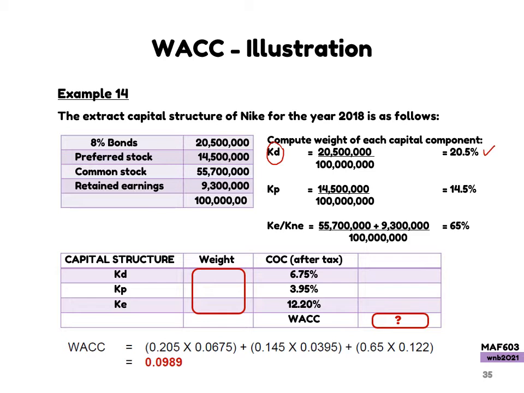So equity has two parts, internal KE as well as external, the KNE. Then once we have the weight of financing for each capital component, 20.5% for KD, 14.5% for KP, and 65% for KE and KNE, then we multiply by the individual cost of capital to find the WACC. Put everything in the formula for WACC, then you will get a WACC for Nike of 9.89%.